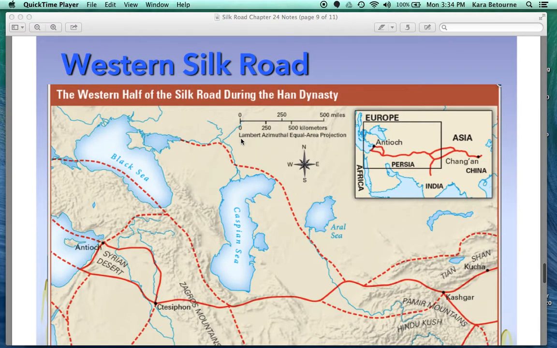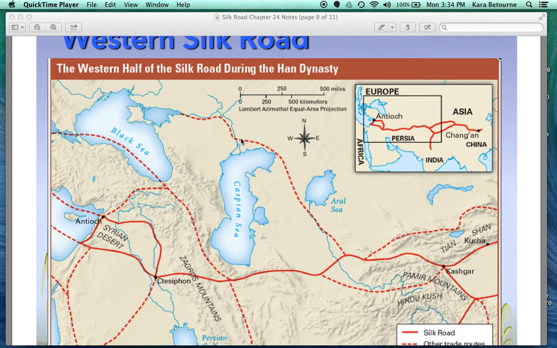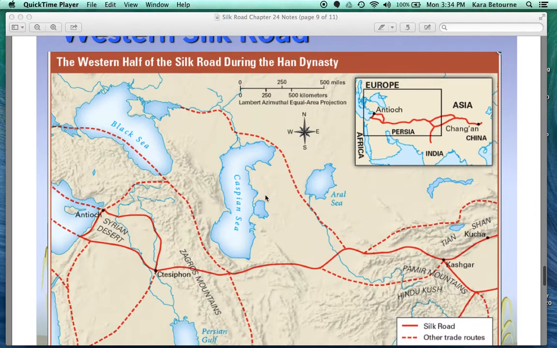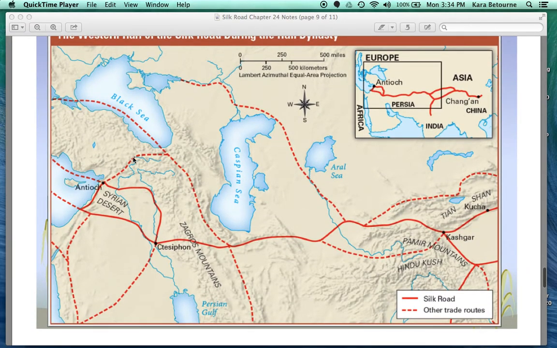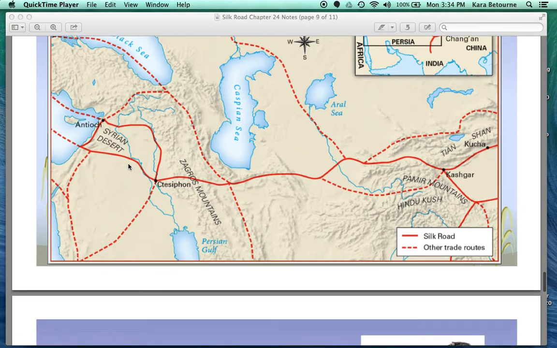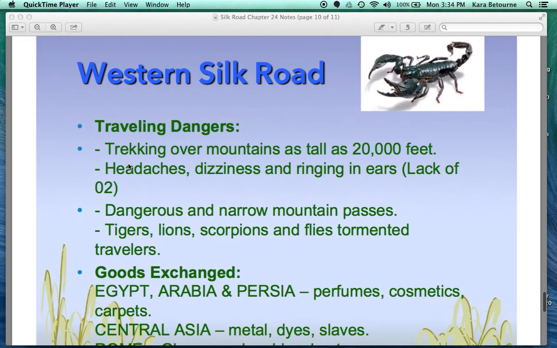And then your Western Silk Road over here. We haven't really gotten to much of the geography of this area yet, but that's coming up soon. Again, pay attention to the dangers on the Western Silk Road, because you might want to make your business related to how to overcome these dangers.